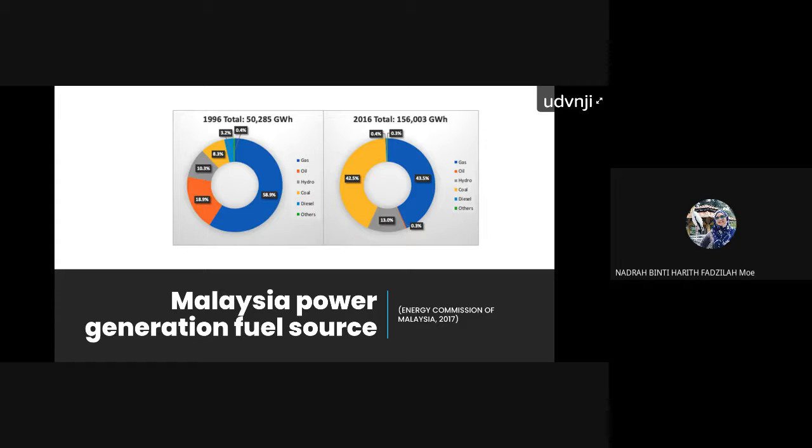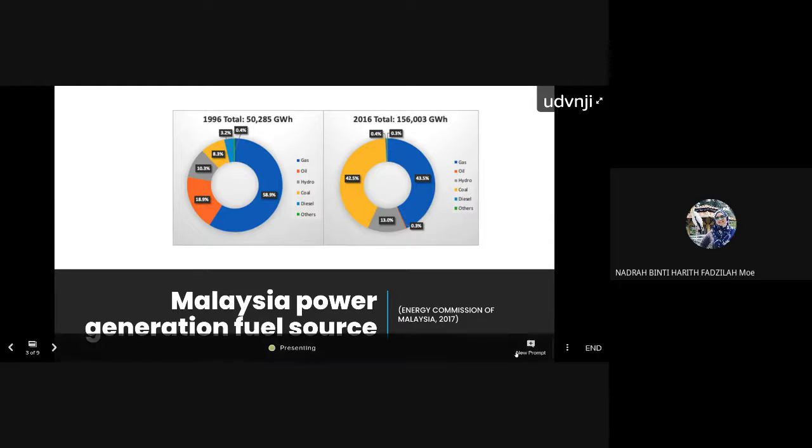So kalau kita tengok pada pie chart ni, kalau kita compare 1996 dengan 2016, each colour in the pie chart shows different type of energy sources to generate electricity in Malaysia.